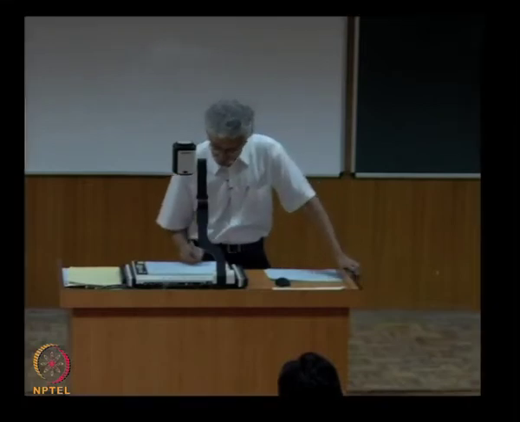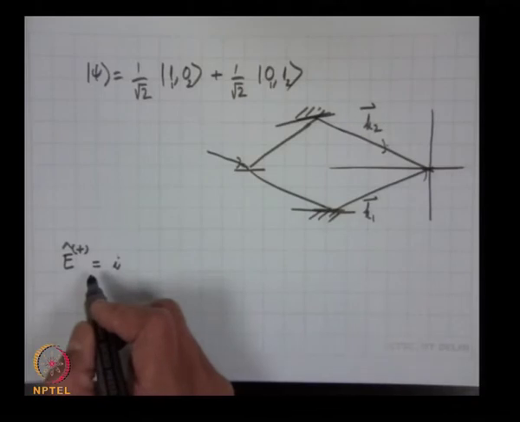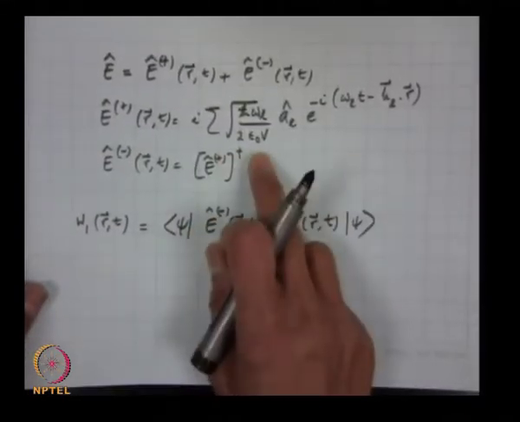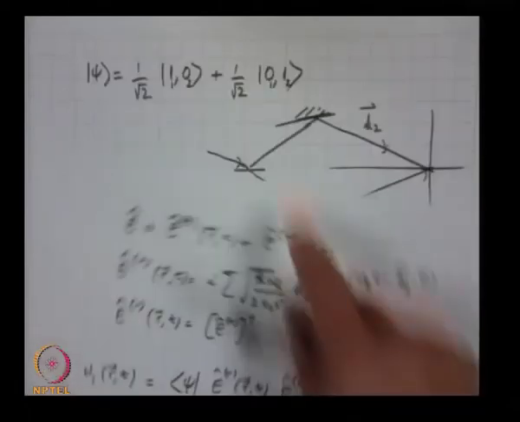So what will I write for E plus? It will consist of two terms. Please note that this is the total electric field. I must use the total electric field because the state I am considering is like this.